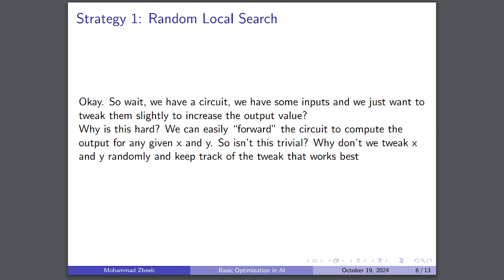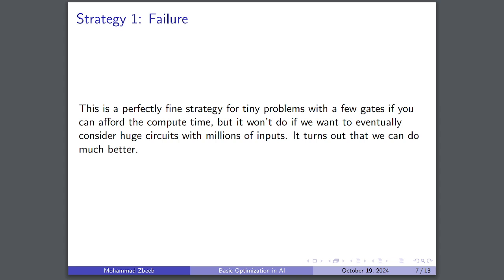So we're going to say evaluate x as x plus x prime, where x prime is a random number. And if this turns out to be a candidate for a maximum, take it. If not, just log it and stay there. And this is really not bad for small circuits, for small functions.